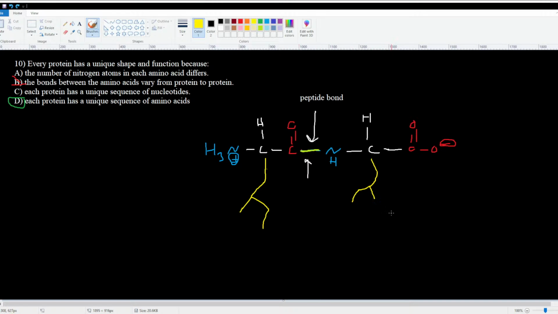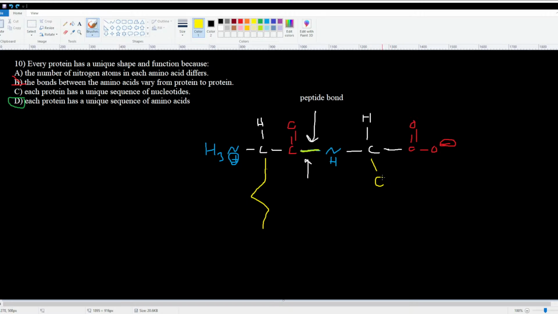But how about instead of phenylalanine, I drew just an H. This is known as glycine, and this can exist too. This is also an amino acid. But how about CH3? This is known as alanine, also a nonpolar substance.